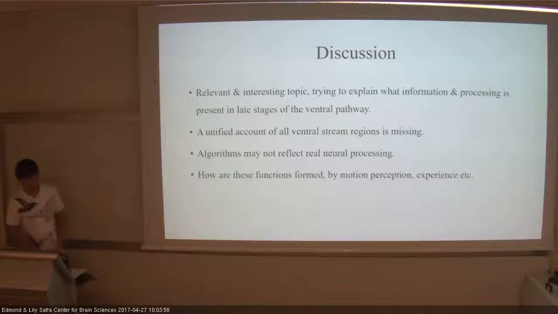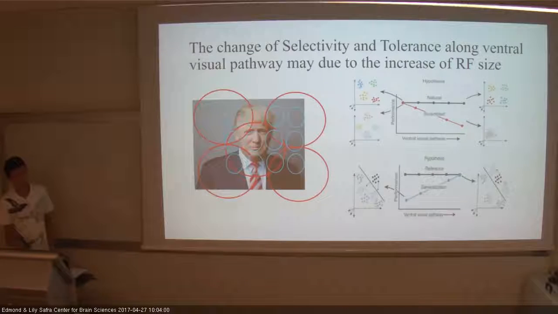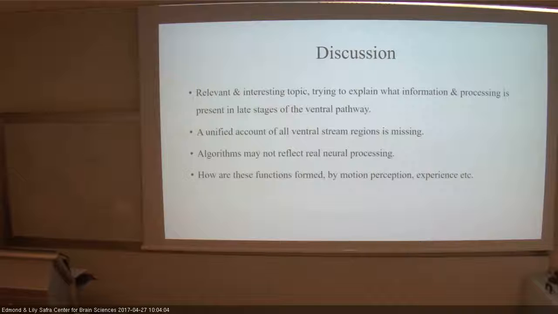Just to summarize, we think it's a very nice paper and a good topic, trying to say what these higher regions do exactly, how the information is represented, and what processing happens.